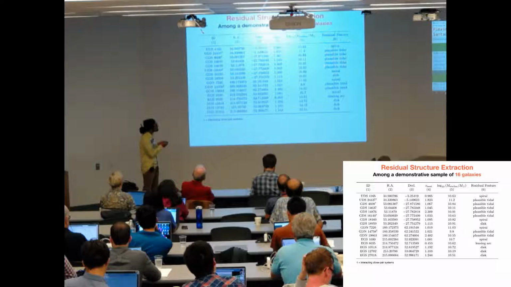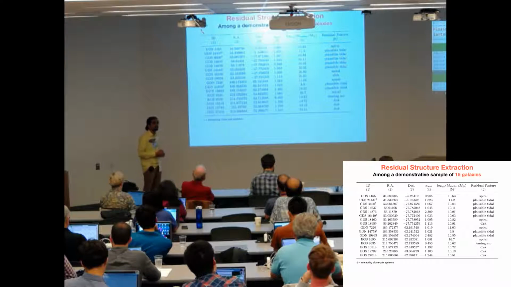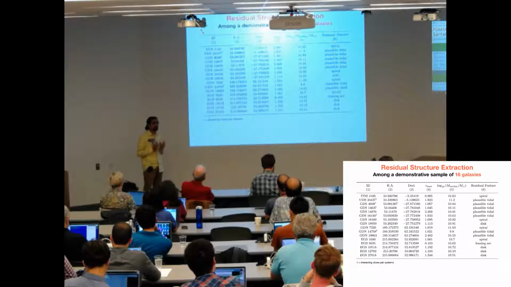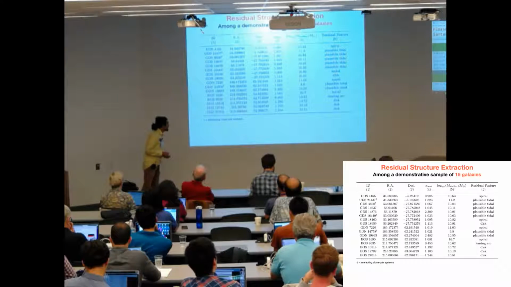You can see here some galaxies host a spiral-like structure. Some galaxies have a 2-component disk-like structure that are visually identified as hosting those features, and some of them are plausibly tidal features. I'm going to show the extraction for those galaxies in my demonstration.